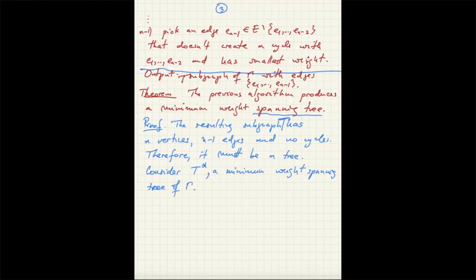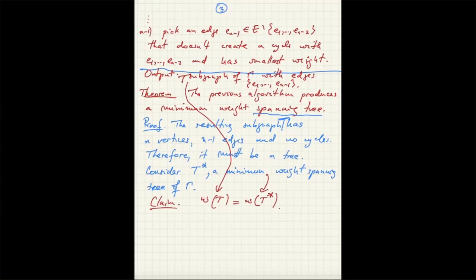What I want to show, the claim, is that the weight of T, which comes from the algorithm, equals the weight of T star, which is a minimum weight spanning tree. That would finish the proof.